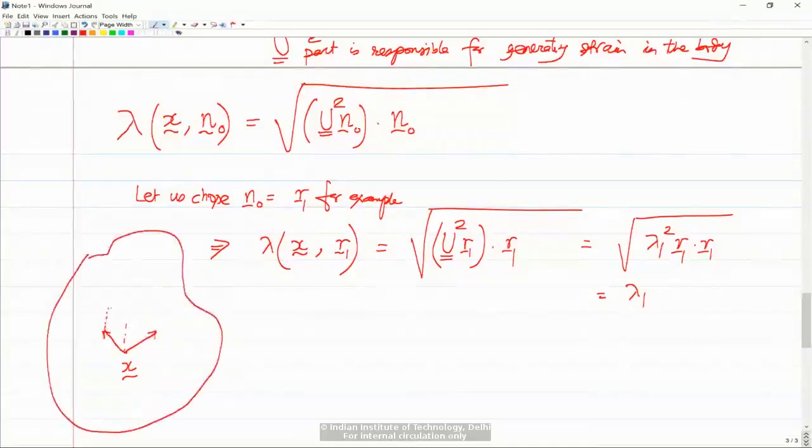So if you think of this cuboid, which is an infinitesimal cuboid volume element at x, such that the three sides are along R1, R2, R3, then what happens to a line element along R1?